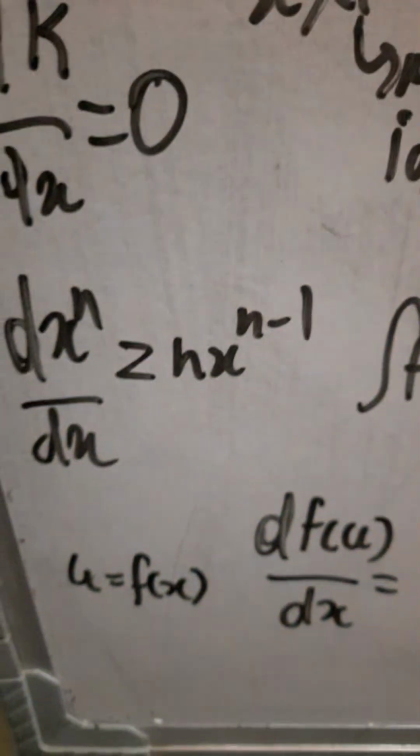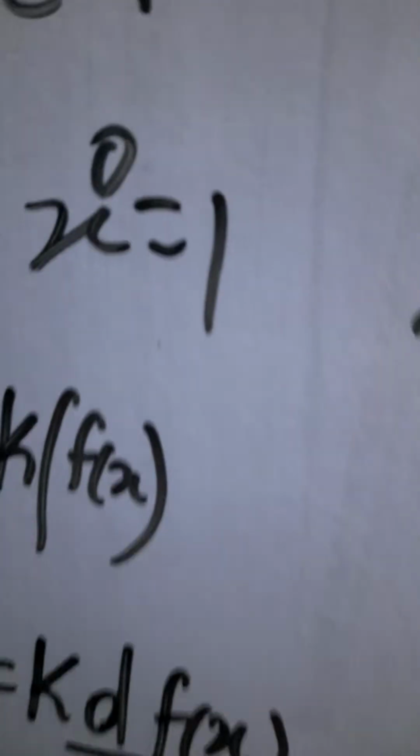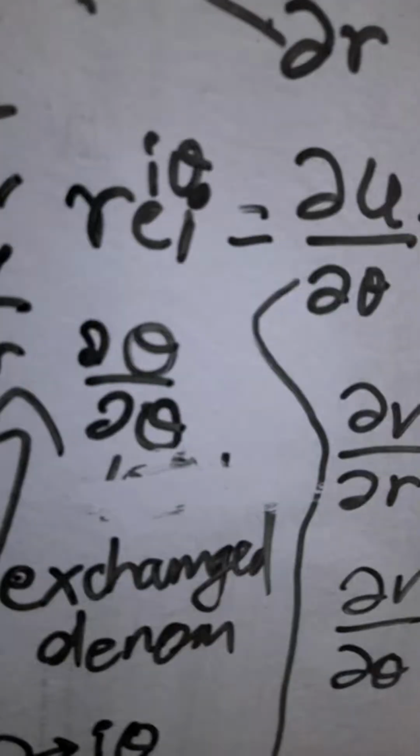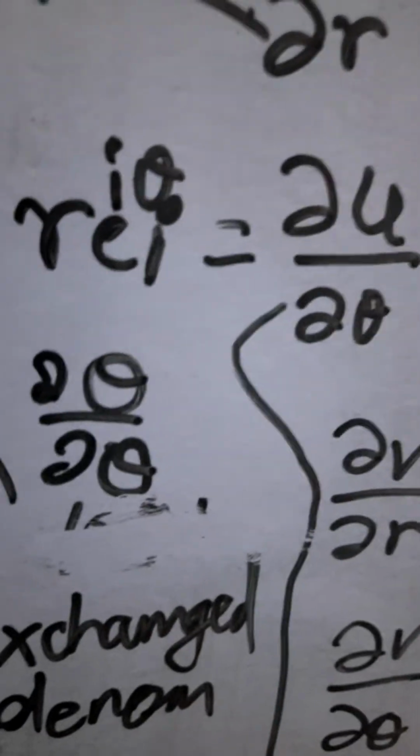So 1 minus 1 is 0, anything raised to 0 is 1, so 1 into 1 is 1. Anything multiplied by 1 is itself. So r e raised to i theta into i into 1 would be that only.